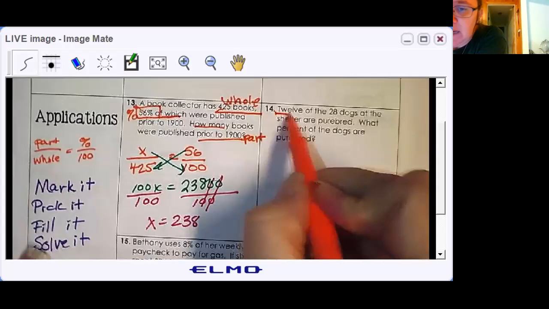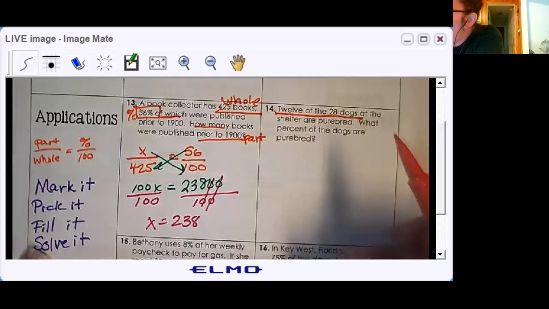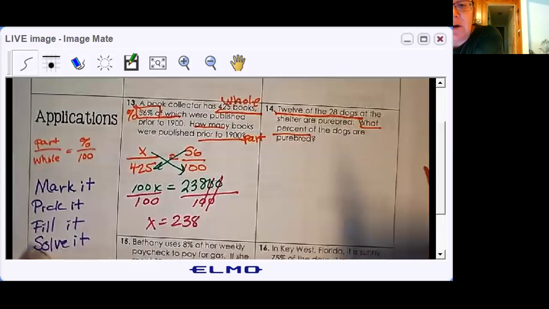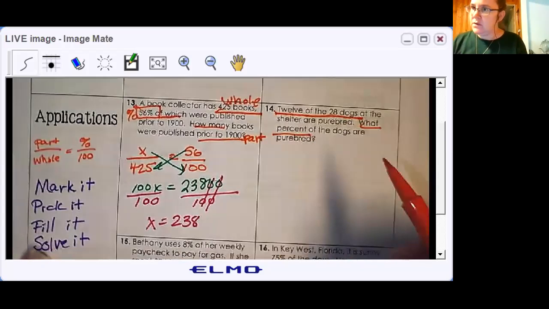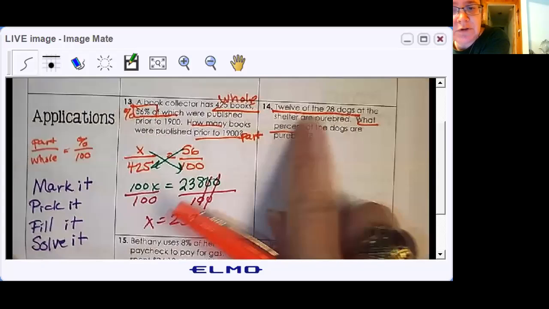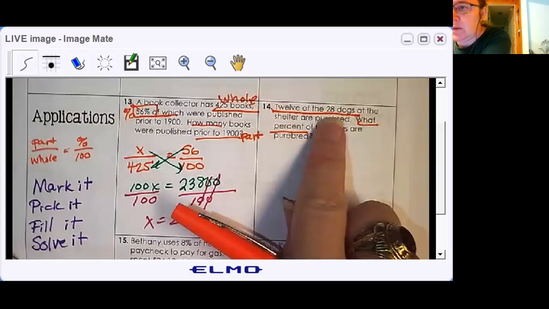12 of the 28 dogs in the shelter are purebred. What percent of the dogs are purebred? Now, this one started a little different, but we still have the same idea. Went to the numbers first. 12 of the 28 dogs.